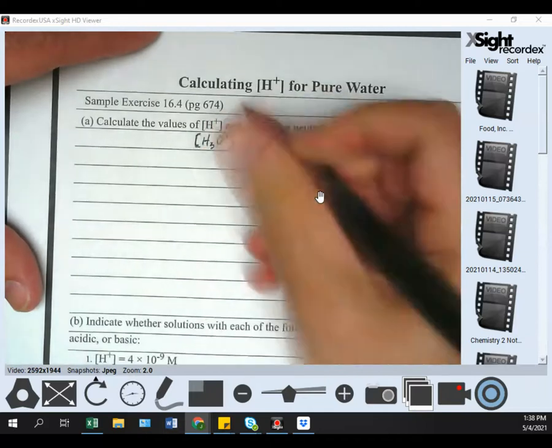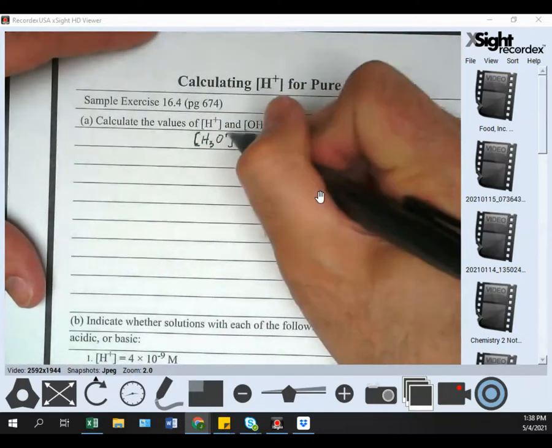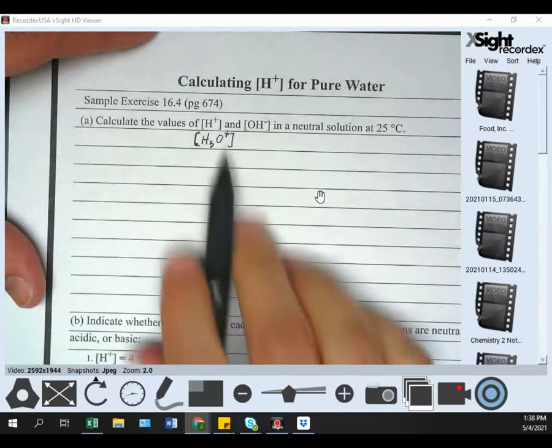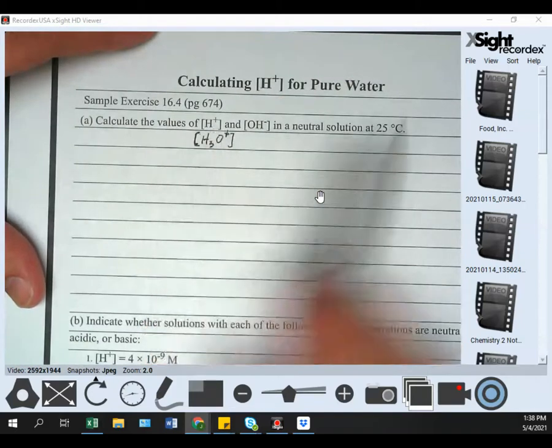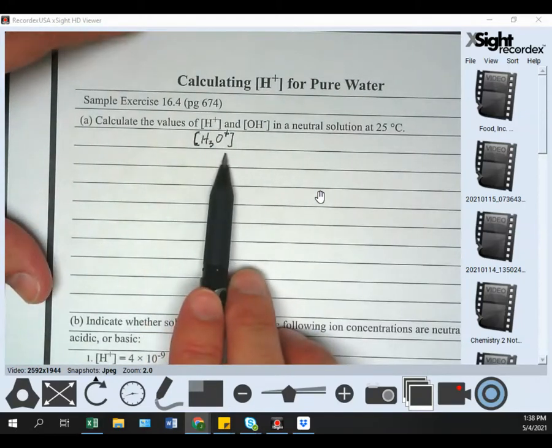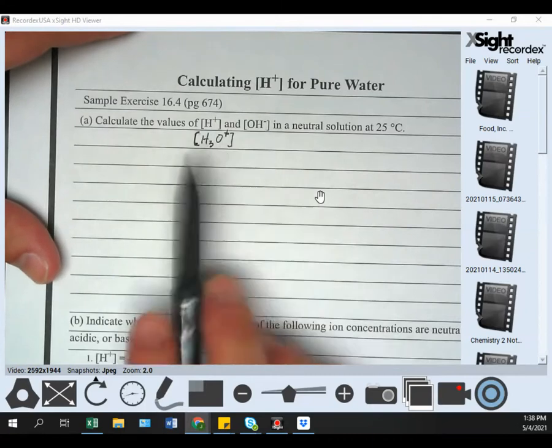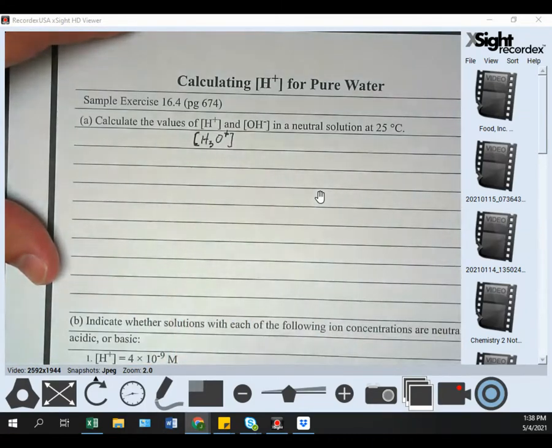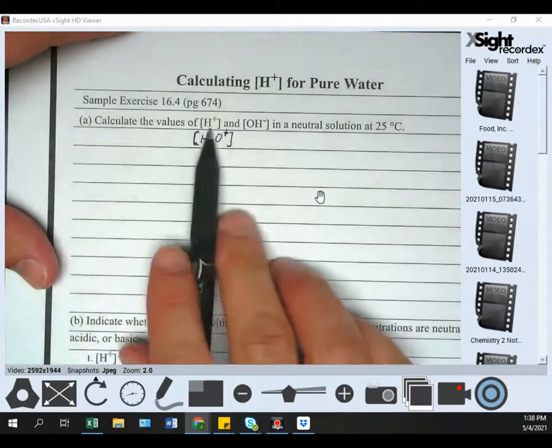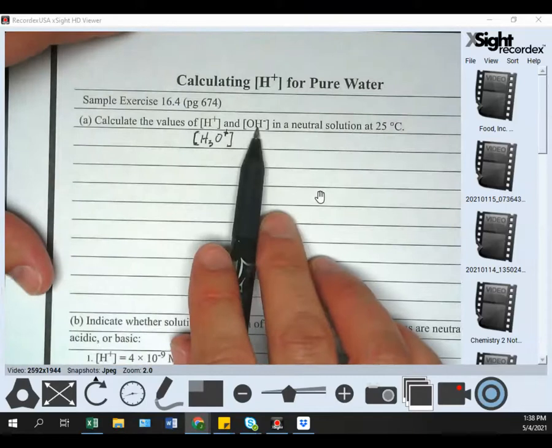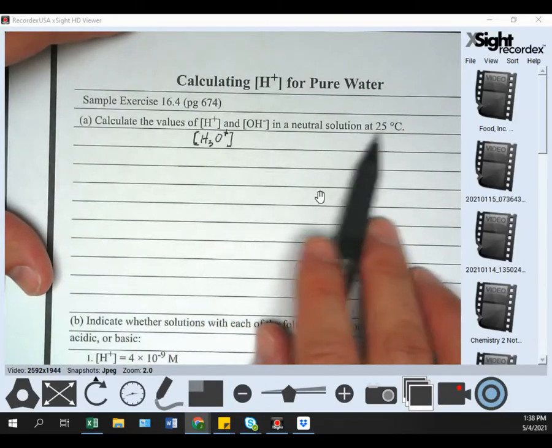So anywhere you see an H3O plus, you can put H plus instead. If they're asking for H plus, it's the same as asking for H3O plus, and vice versa. You can swap them with no problems, okay? Calculate the values of H plus and OH negative in a neutral solution at 25 degrees Celsius.